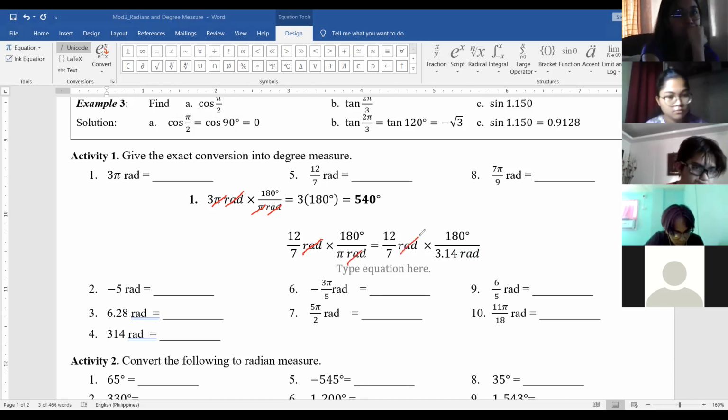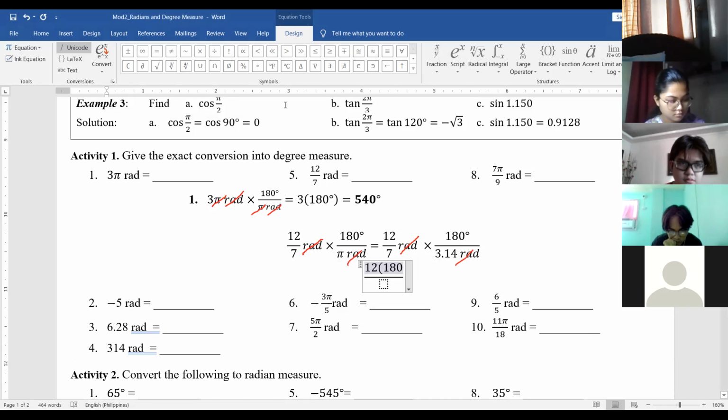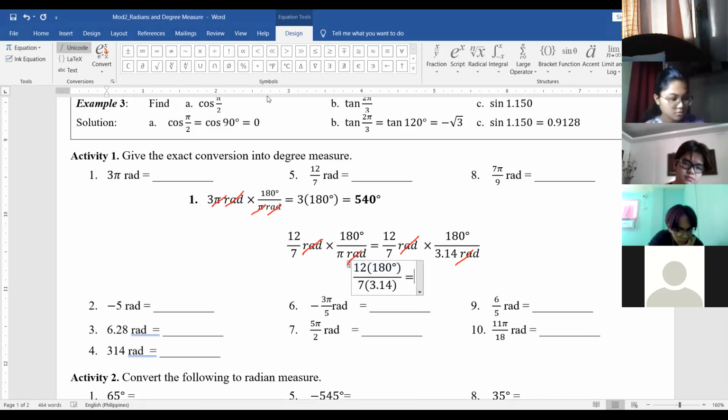Instead, we will just cancel the unit radian and pi will be changed to 3.14. So our solution then will become 12 times 180 degrees divided by 7 times 3.14, such that the final answer will just have the degree symbol without the pi as our denominator.